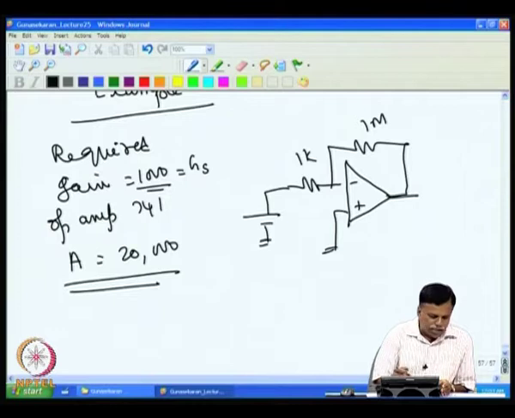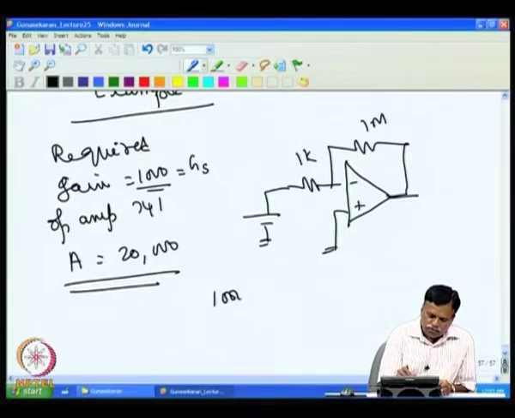If I calculate the gain error, the set gain in this case is 1000. So, you have 1000, but I do not know what the actual gain is.